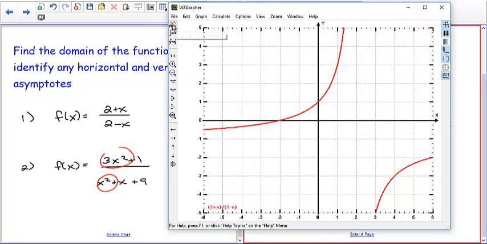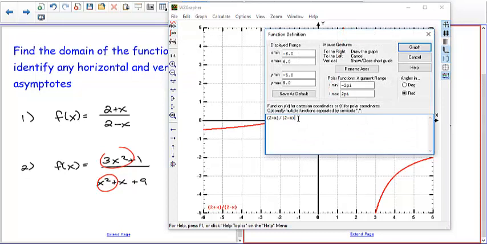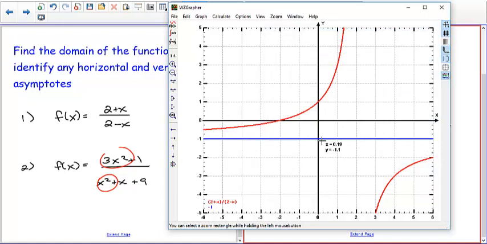So let's draw the line, our horizontal asymptote, y equals -1. So we're just going to type in y equals -1. So there's your vertical asymptote, your horizontal asymptote. Your vertical asymptote would be a straight line up and down, which we can't draw here.